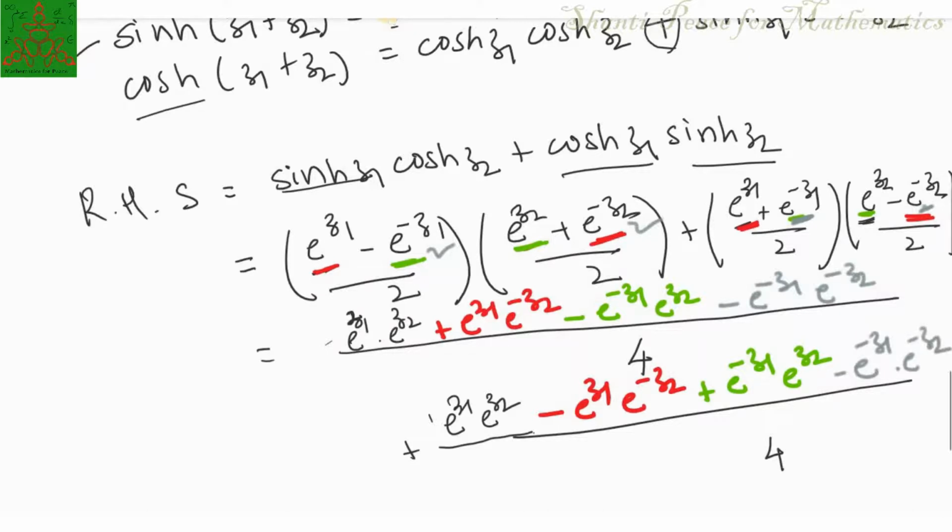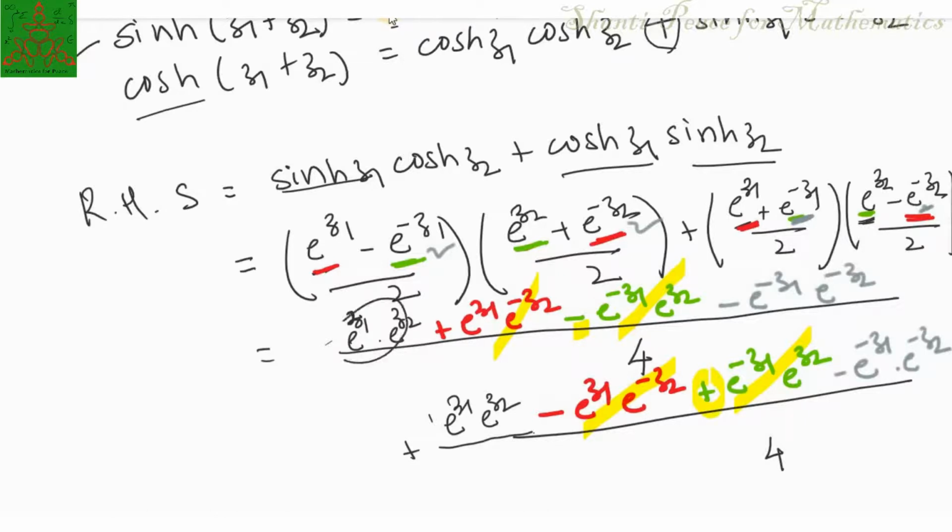Now just observe that this e power z1 into e power z2, shown in red color, cancels with this minus sign term, and this term will cancel with this one because it has a minus sign and this has a plus sign.